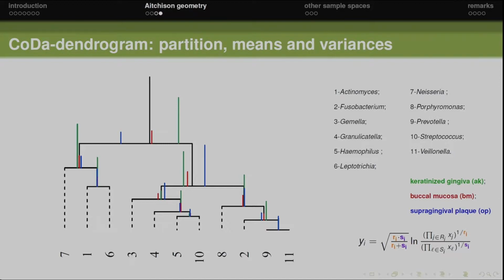So we first take the 11 taxa and divide into two groups, 7, 1, and 6, and the rest here. Then we divide this group here in two groups, 7 from the other two, and then 1 from 6. And the same here, two groups here, and then each group and each step again in two groups until we cannot divide anymore.